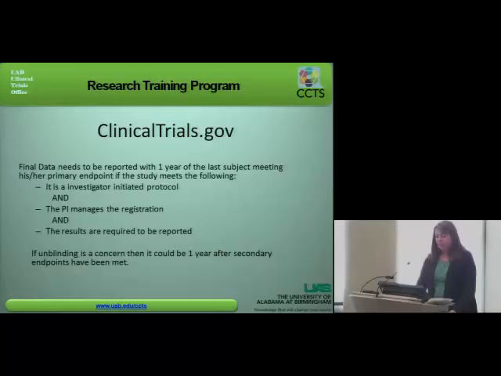Clinicaltrials.gov during the closeout process. Final data should be reported within 1 year of the last subject meeting his or her primary endpoint. If the study is an investigator-initiated protocol, and the PI manages the registration, and the results are required to be reported.